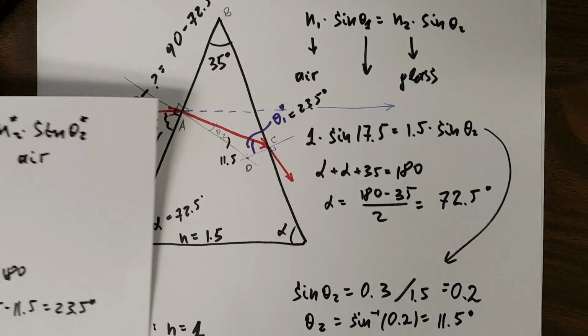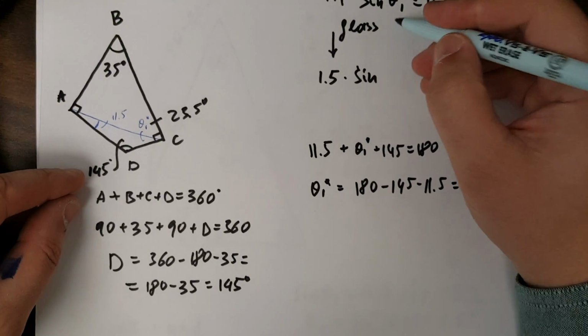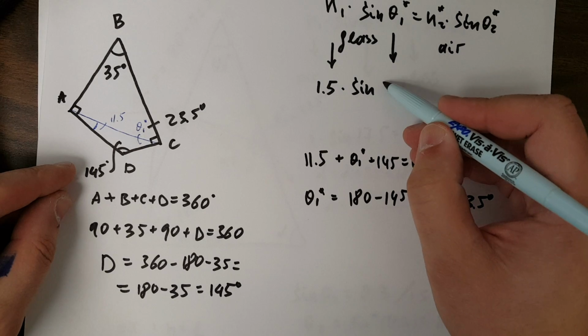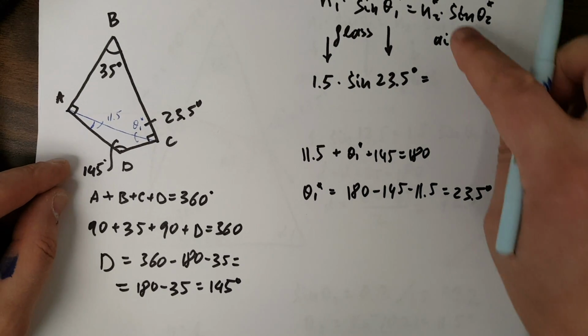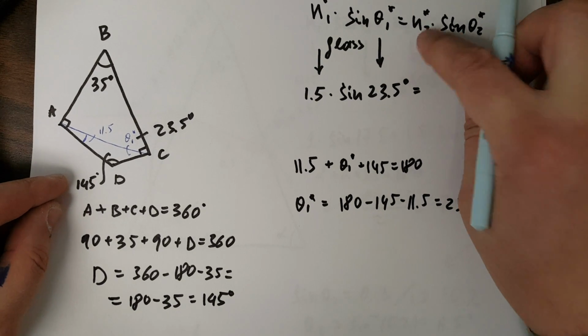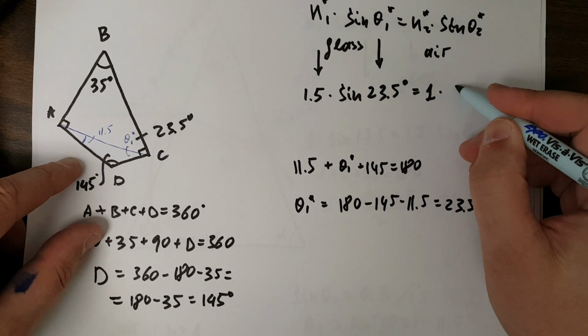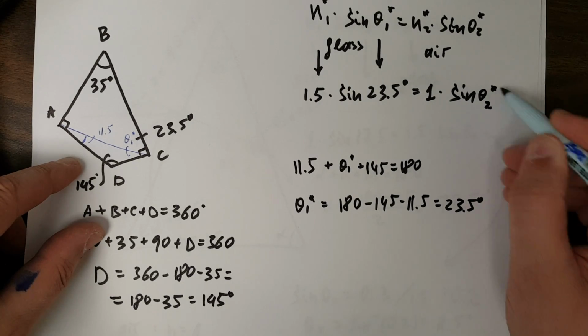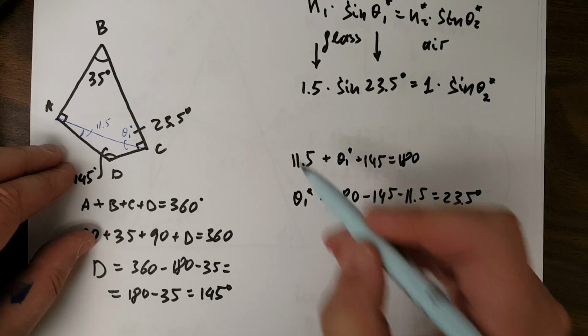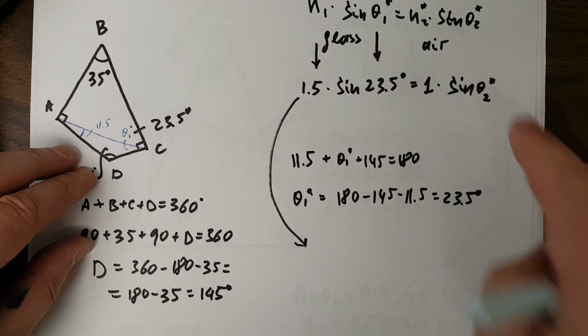23.5 degrees. And finally, that has to be equal to, well, for the air, this coefficient is equal to 1 times the new angle of refraction. Well, of course, now we can calculate this angle.